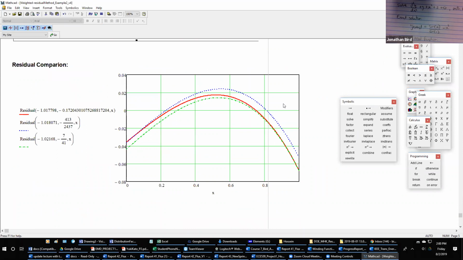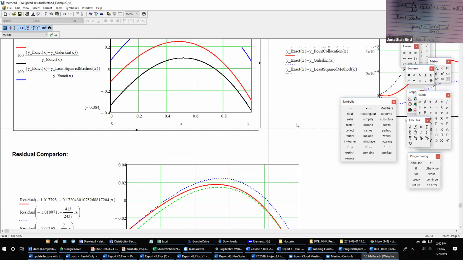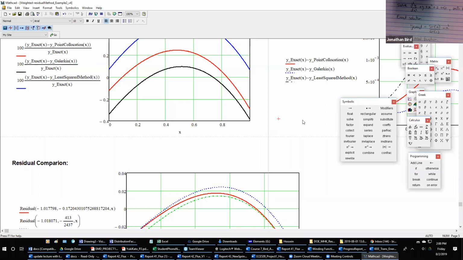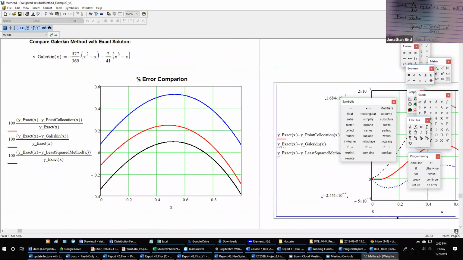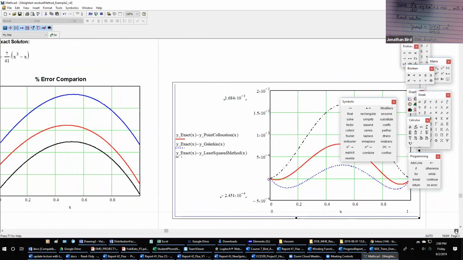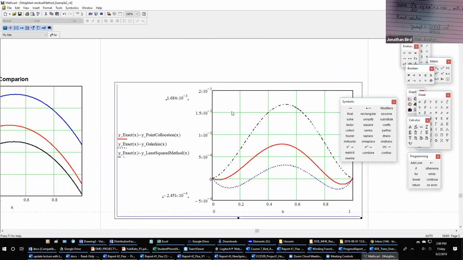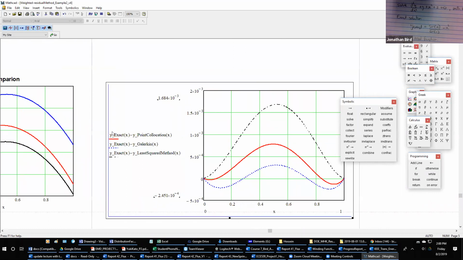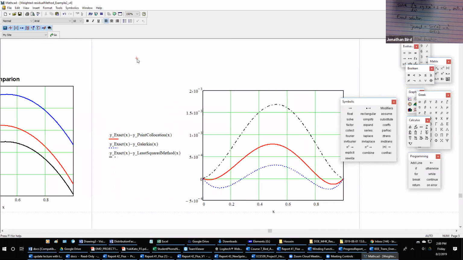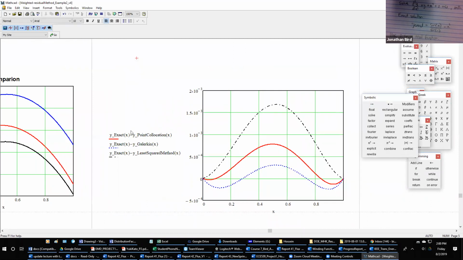So the Galerkin turns out to have the... So in this plot here, I compare them. This is a better way of showing it.